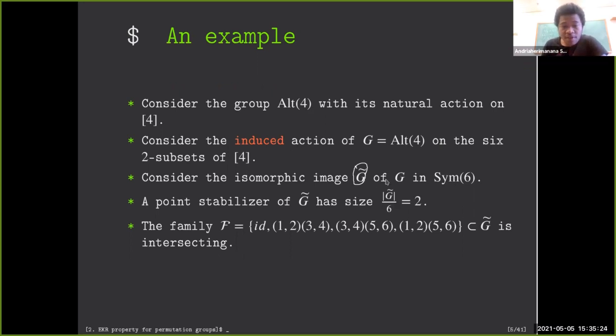This is transitive, and a point stabilizer in G tilde is of size 2, but we have an intersecting family of size 4 in G tilde. So the previous theorem that I showed earlier fails to extend to subgroups of the symmetric group.